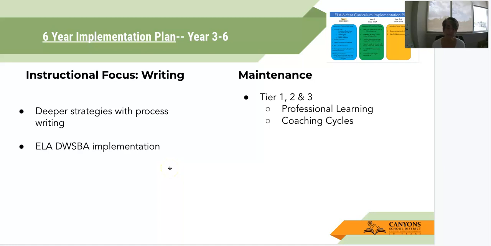So it'll be extended writing pieces beginning in year 3, working on the ELA DWSBA implementation as well, and looking at writing and the implementation of that DWSBA. And we will start to do maintenance with professional learning and coaching cycles. And that is the 6-year implementation plan for years 3 through 6.